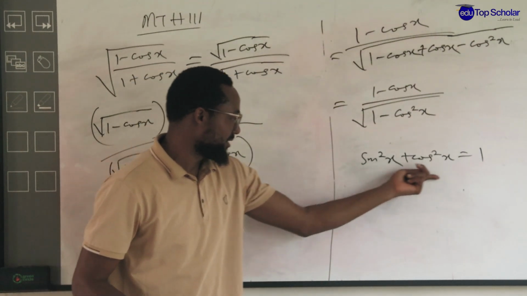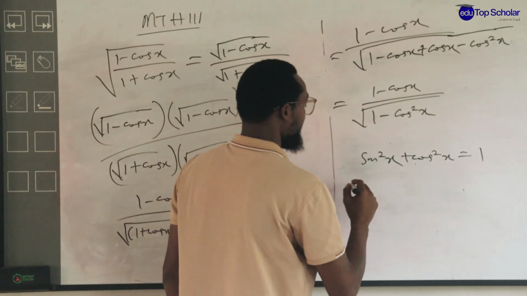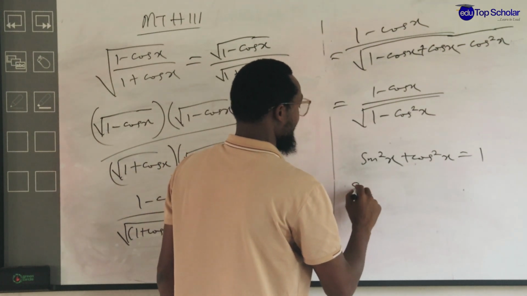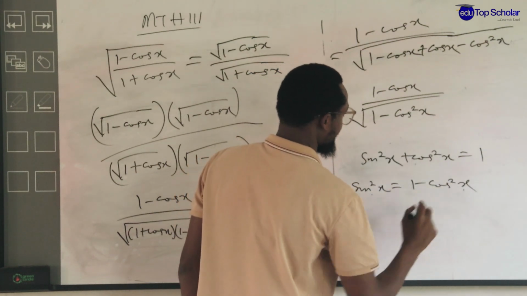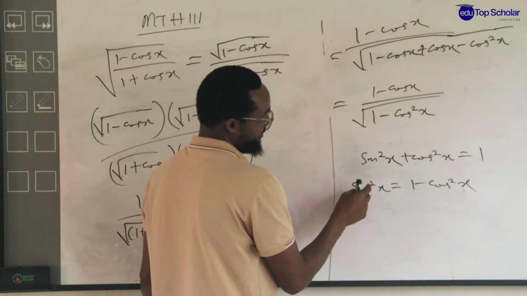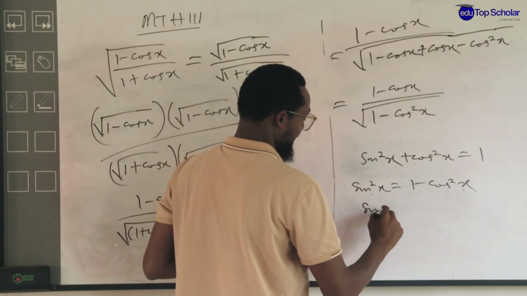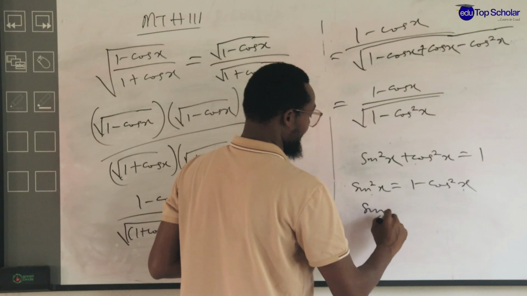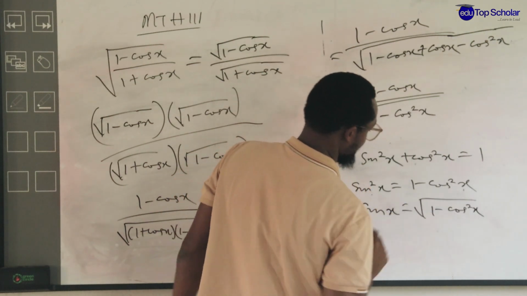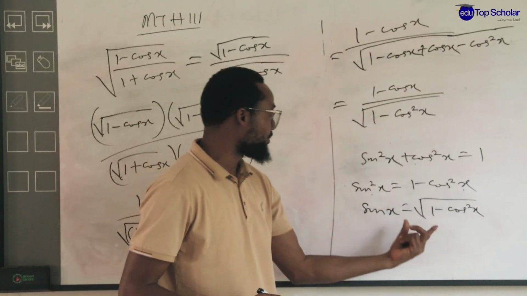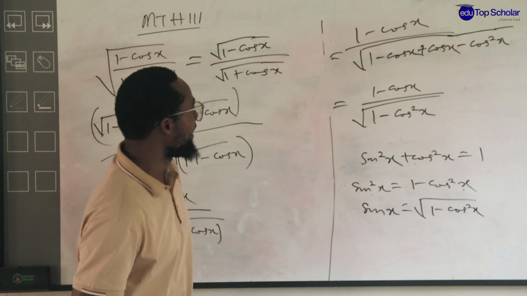Recall that we have this as our first identity in trigonometry, and therefore sine square x will give us 1 minus cos square x. And this implies that, because we want to get the square root of this, by taking the square root of both sides, we have sine x equals to root 1 minus cos square x.